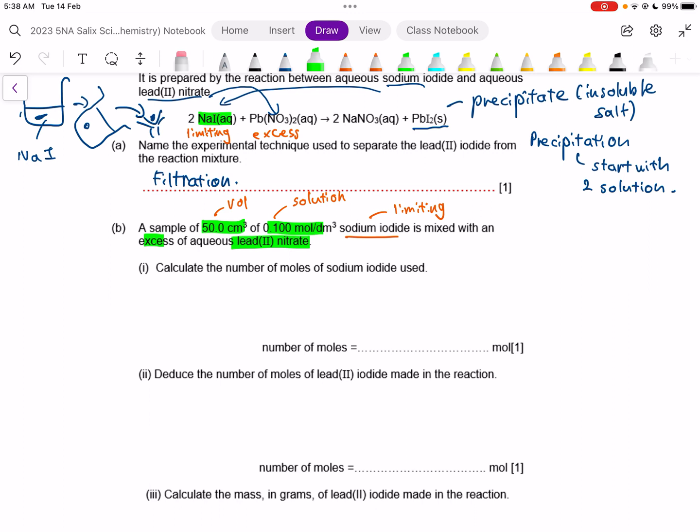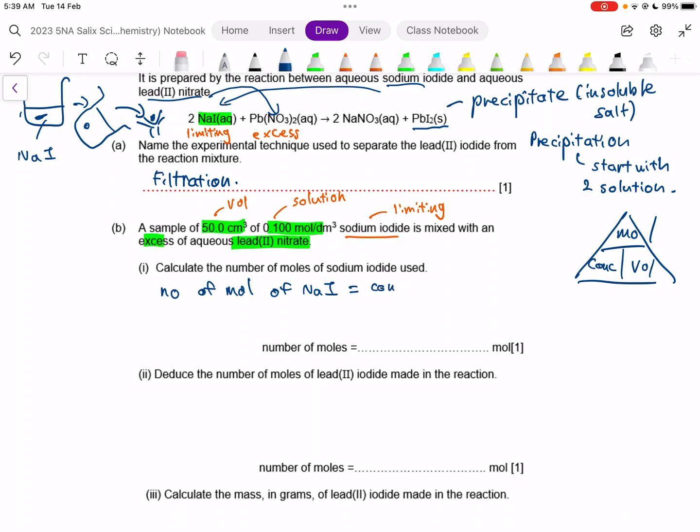So the first thing you need to find is the number of moles of NaI. Actually, number of moles, you can write in short form, NO. This is the concentration volume mole formula.